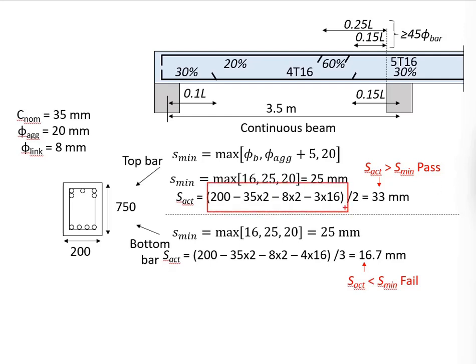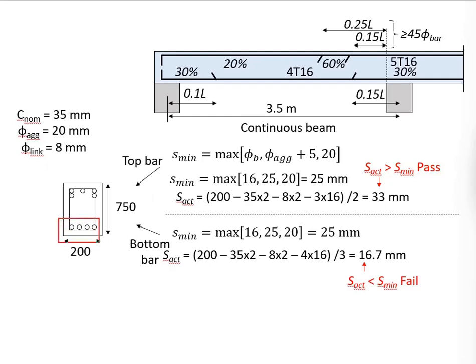The whole thing here is divided by 2 due to the spacing. Your actual spacing is 33 mm. This is slightly bigger than the minimum requirement. That means the actual spacing is sufficient. Therefore, you can keep the arrangement of the reinforcement bar something like this.